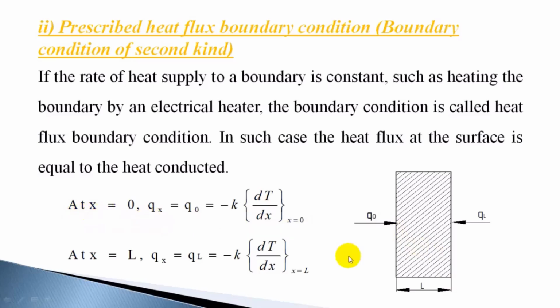So when x is equal to 0, at this surface, Q0 is equal to minus k dT by dx at x equal to 0. So we have specified the heat flux as Q0 equal to minus k dT by dx at x equal to 0.